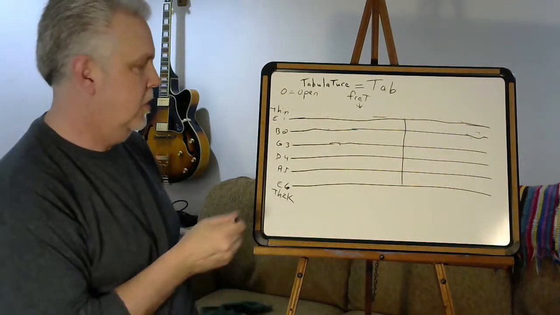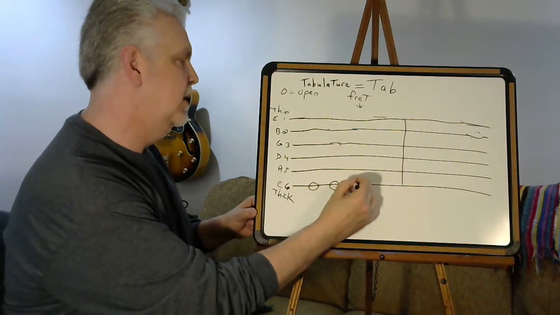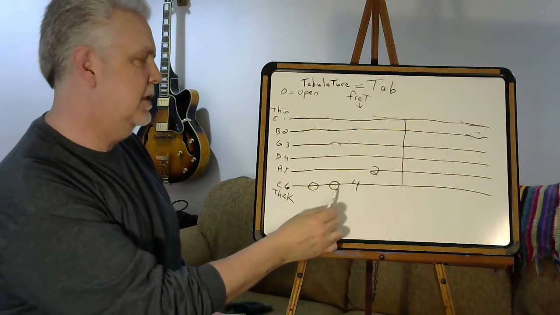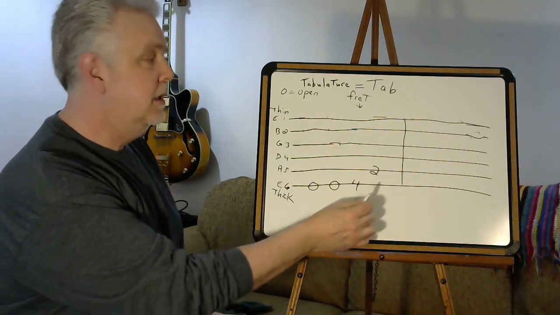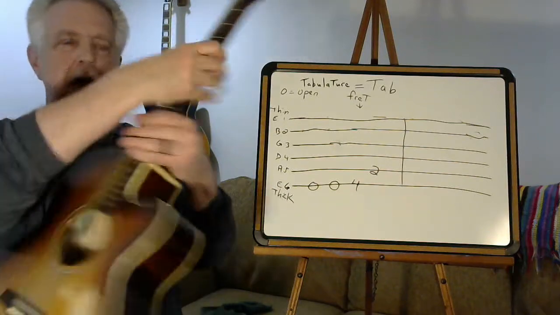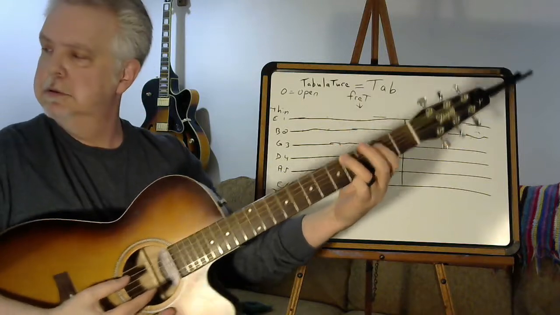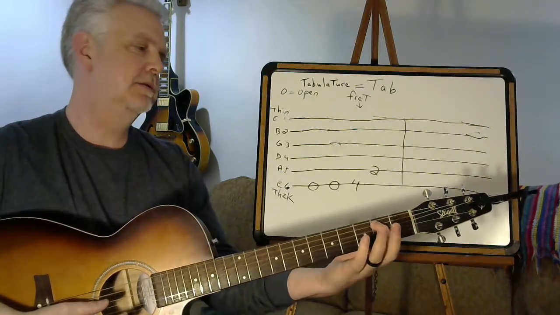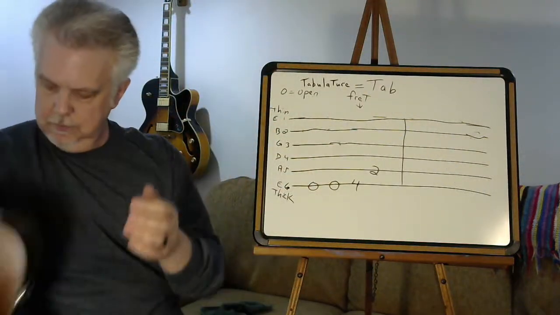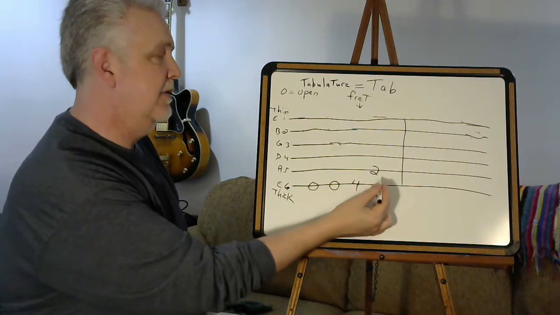And of course, we can go all the way down to your thick string. Let's put open, open, 4, 2. Then we open on my 6th string, open on my 6th string, to 4th fret, to 2nd fret on my A string. So I got 6th string, 6th string, 6th string, 5th string.